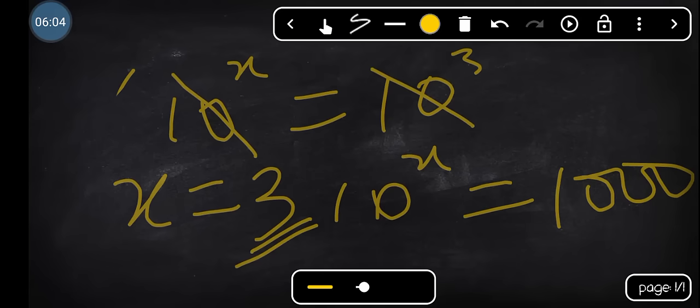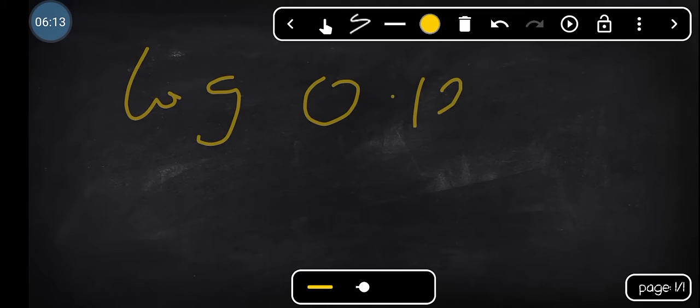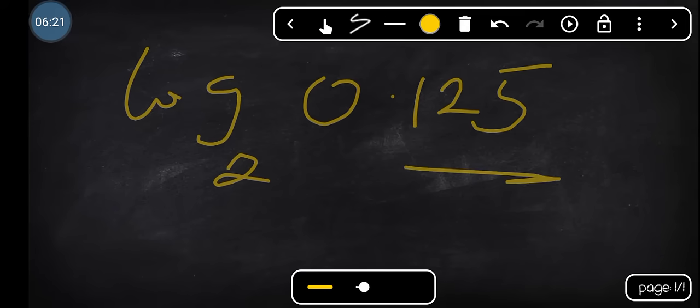Let's look at another question. Let's say evaluate log 0.125 base 2.